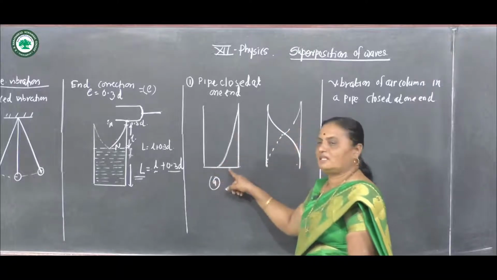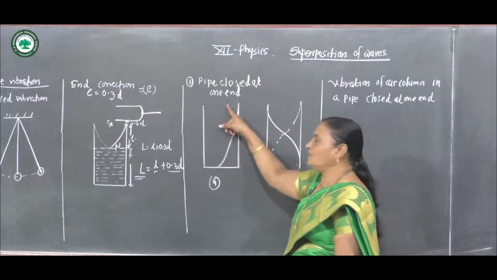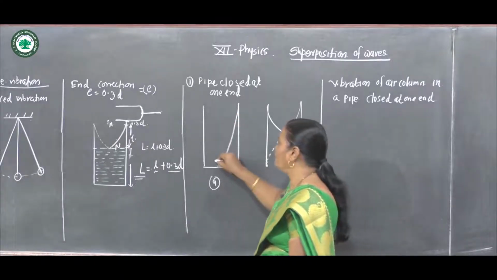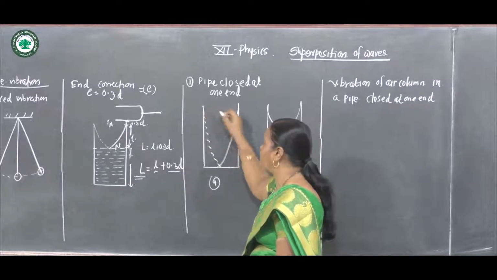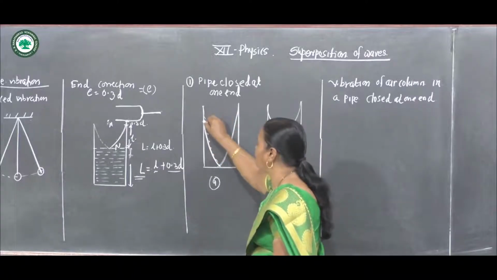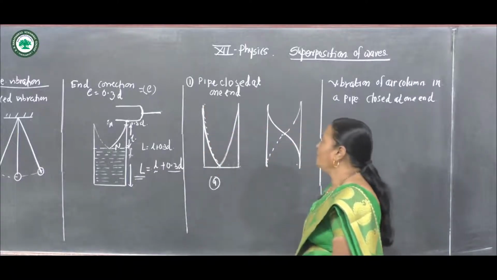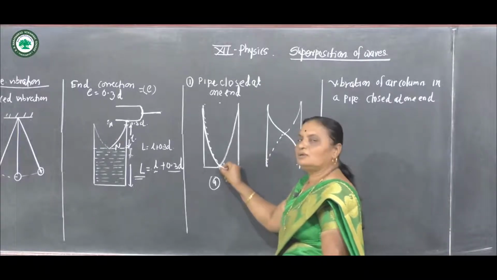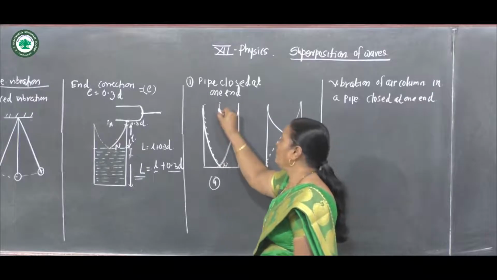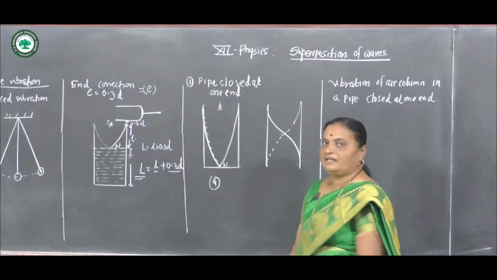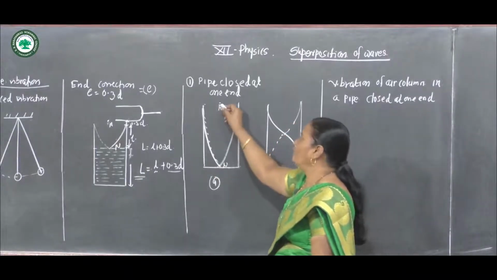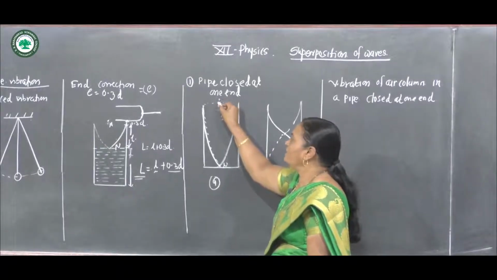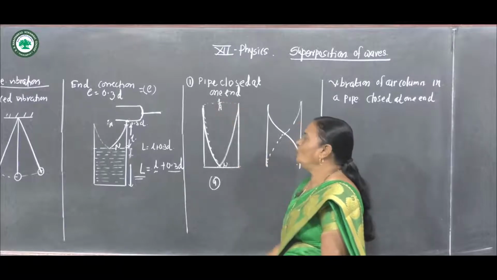This is the denser medium, here is the rarer medium. The wave is reflected back, interferes with the incident wave, forming a stationary wave. This is the stationary wave here. Now in this case there is again a node at the closed end and an antinode at the open end, and in such a case the antinode is not exactly formed at the open end, it is a little distance above the open end.